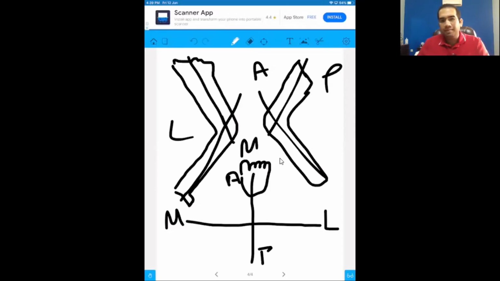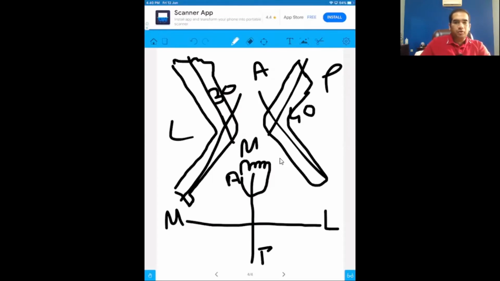And then 1 millimeter of measurement over my scale will tell me 1 degree of deformity. So let us say that this is a 30 degrees of deformity in the AP view, and 40 degrees of deformity in the lateral view.